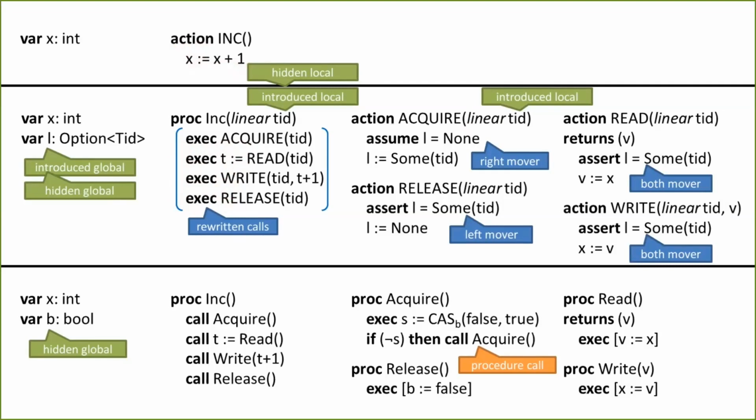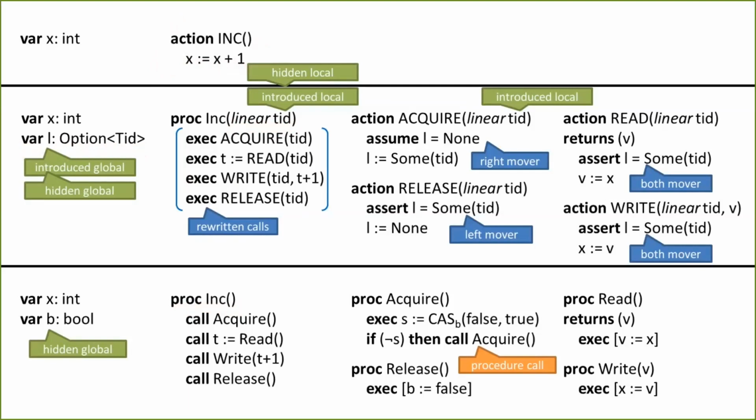And so overall, we hide the lock variable L, and we also eliminate the local variable that we introduced for holding the thread IDs. This means that the client of the low-level increment procedure can completely forget about the low-level lock implementation and just reason with the high-level atomic increment operation.